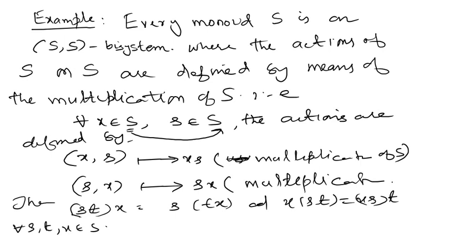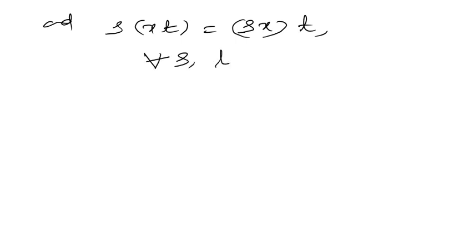Now for a bisystem, there is a left action and a right action, and there is one more property, (sx)t equals s(xt). This is also the associative property for all s, t, x in S. So it's a bisystem. Every monoid is an S-S bisystem.